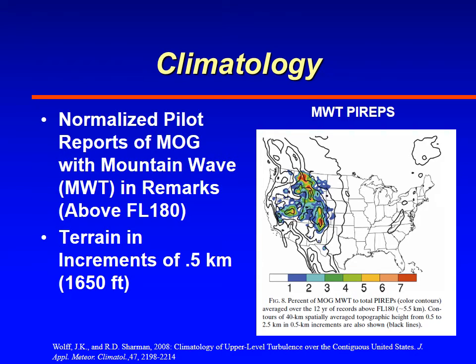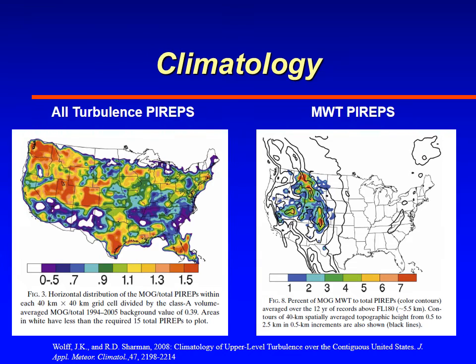And you can see that in Colorado, where you have the highest terrain, and also across Montana, that's where you tend to have also the highest occurrence of mountain wave remarks or pilot reports. So just compare the two, and you can see that mountain wave really stands out with relation to the terrain features.